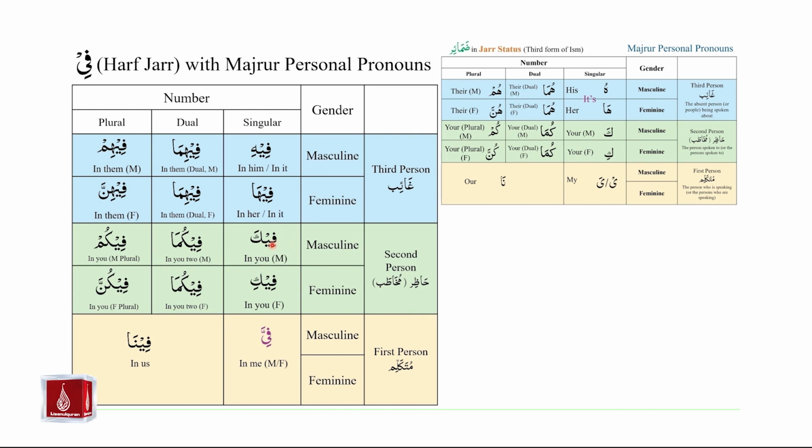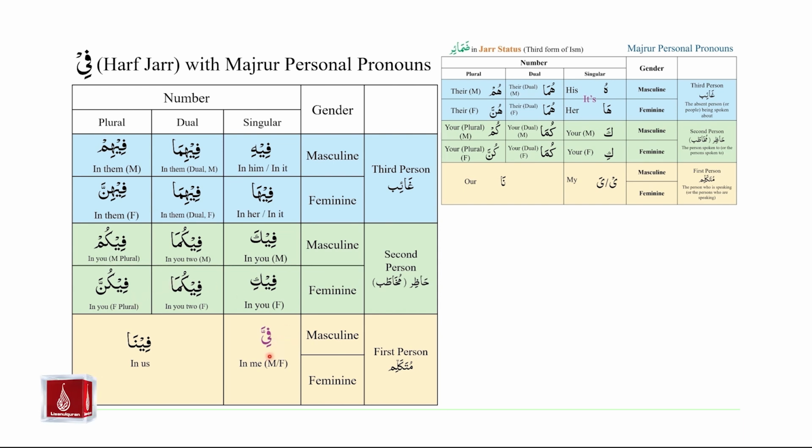Fika, in you. Fikuma, in you too. Fikum, in you, referring to masculine and plural. Fiki, in you. Fikuma, in you too. Fikunna, in you, referring to feminine and plural.